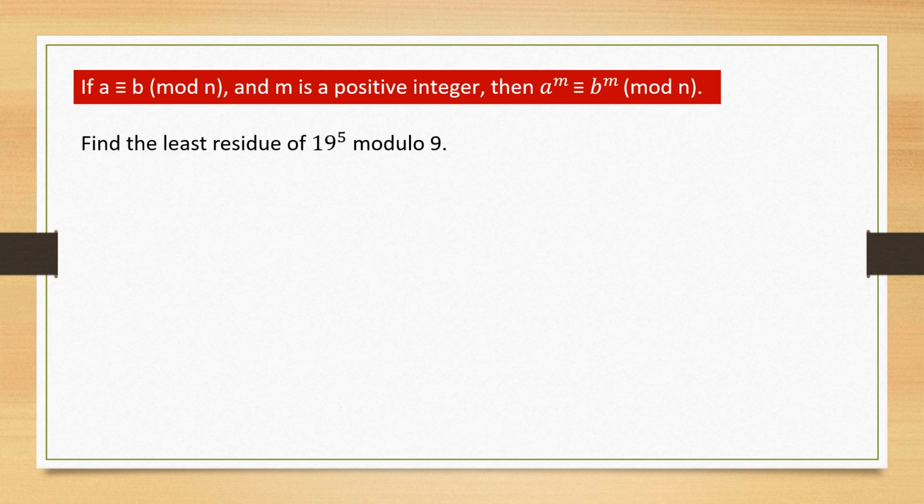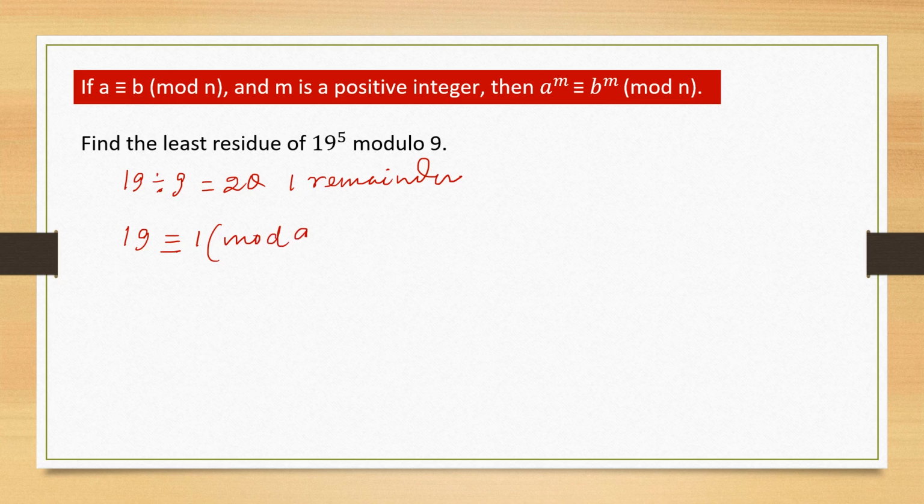On this basis, we'll first solve a simple question: find the least residue of 19 raised to the power 5 modulo 9. So 19 when divided by 9, we get 2 as quotient and 1 as remainder. So 19 is congruent to 1 modulo 9. So 19 raised to the power 5 will be congruent to 1 raised to the power 5 modulo 9.